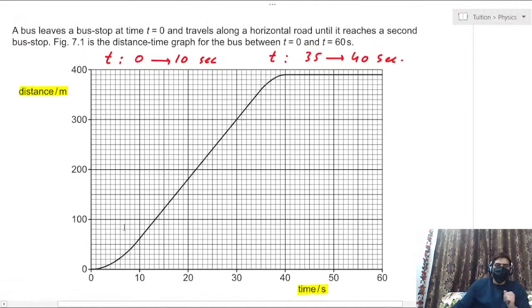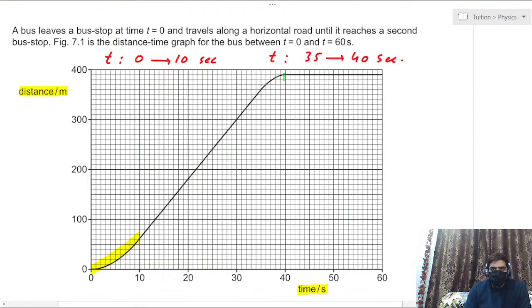If I am to highlight the portion 0 to 10 second, it is this portion. All right, this is the portion from 0 to 10 second, and 35 to 40 seconds is this one. Let's shade it differently.